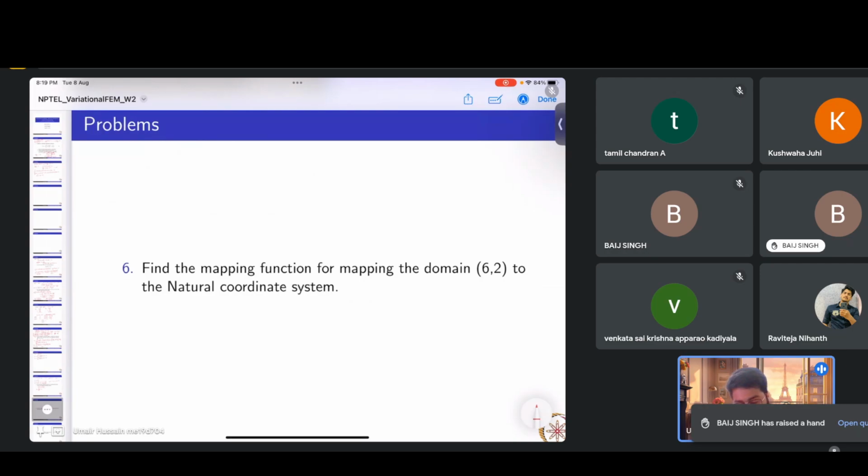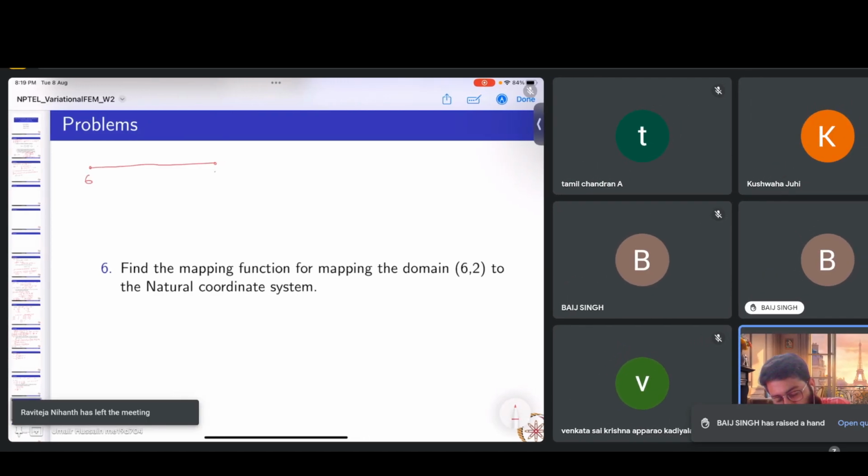Now we have to find the mapping of domain 6 to 2 to a natural coordinate. So now our coordinate system is reversed, 6 to 2, right? We have to map to zeta equals -1 to zeta equals +1. So again, we assume a linear function.